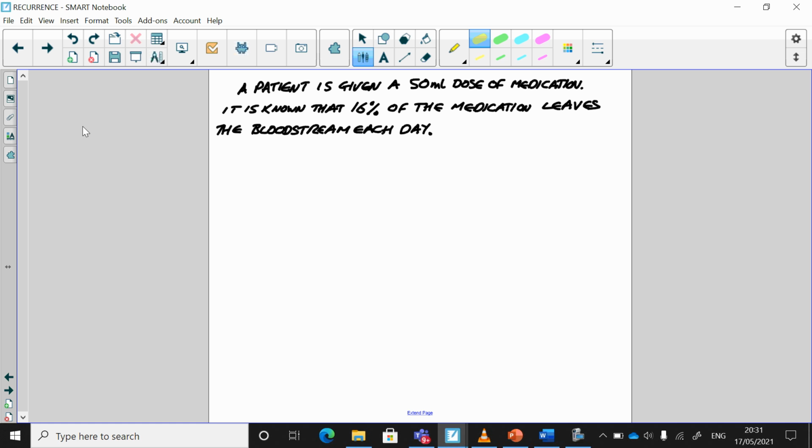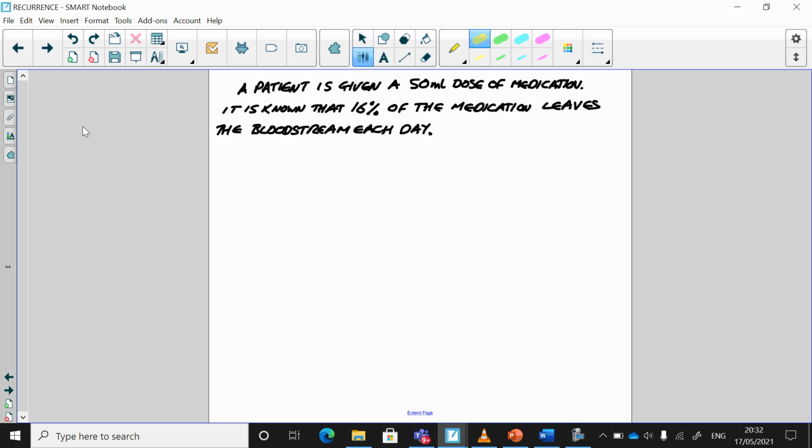This is related to A because it always multiplies, well, originally U naught. It's related to A, 16%, but it's not necessarily A. It depends on the wording of this here. 16% leaves the bloodstream. I'll let you think about that.